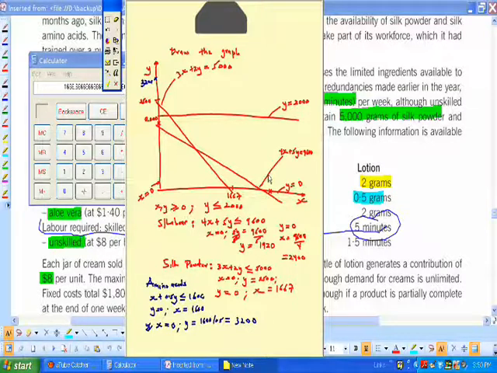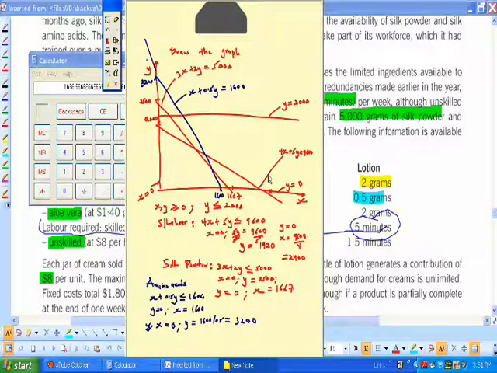So 3,200 is somewhere here, and 1,600 somewhere here. Okay, so here is our line x plus 0.5y is equal to 1,600.